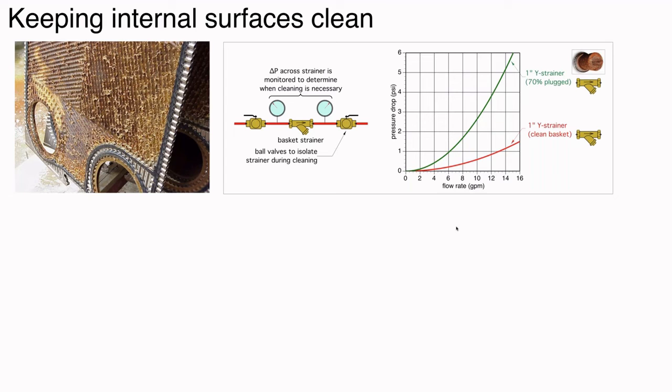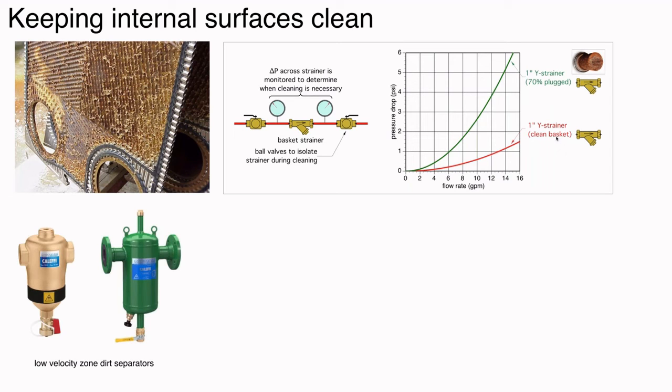And then we take it apart, we clean the basket, we put it back together again. And I'm just showing you here that as Y strainers accumulate dirt, the flow resistance definitely goes up. And that's not a good thing. That's simply using more pumping power. Or if the pump can't provide that extra pumping power, it's going to cause a drop in flow rate because it's adding resistance to the circuit.